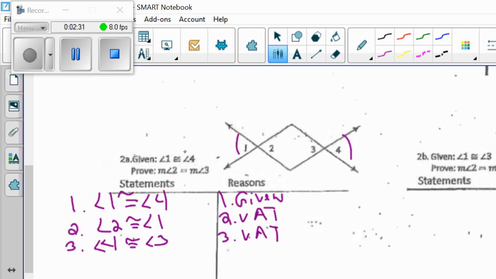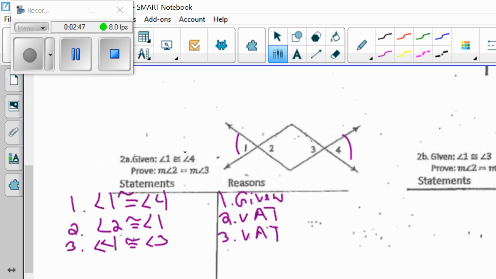All right, so now I need to get 2 and 3 together. Let's see, I have 1 to 4, 4 to 3. Or I can go 2 to 1, 1 to 4, 4 to 3. So then that gets me 2 to 3 together.